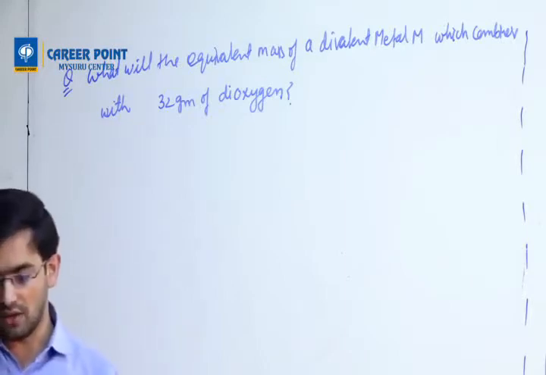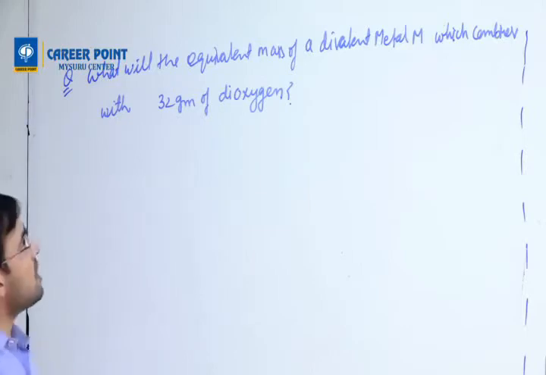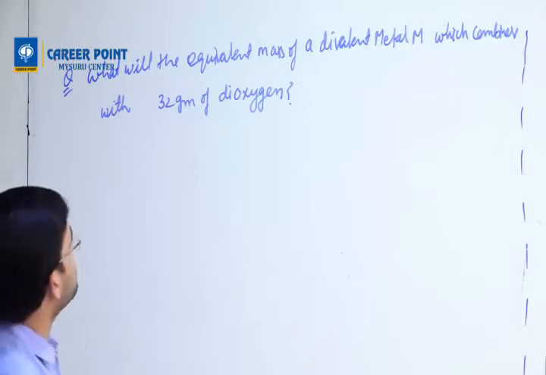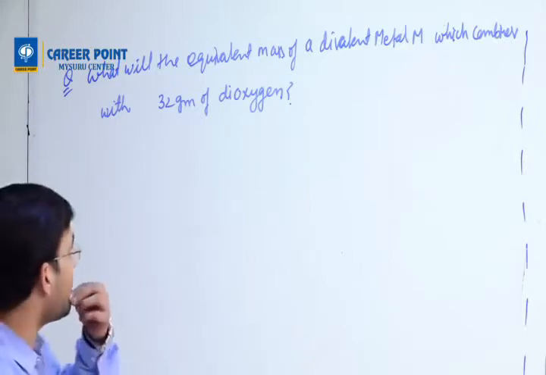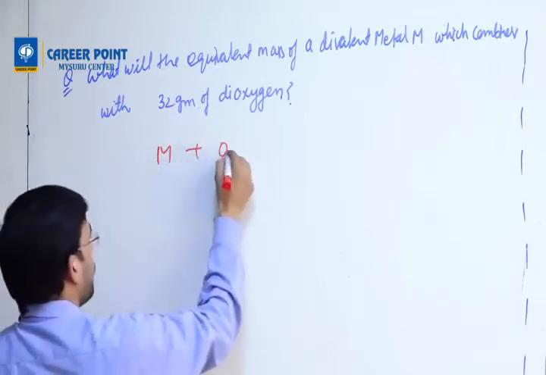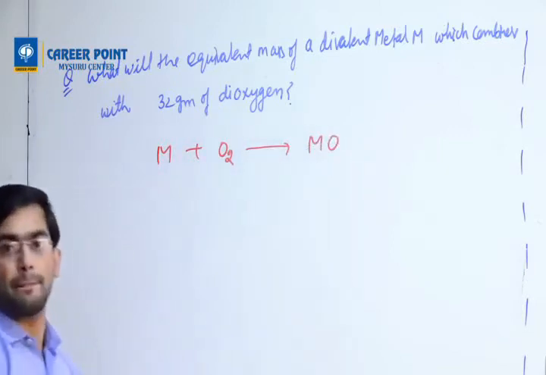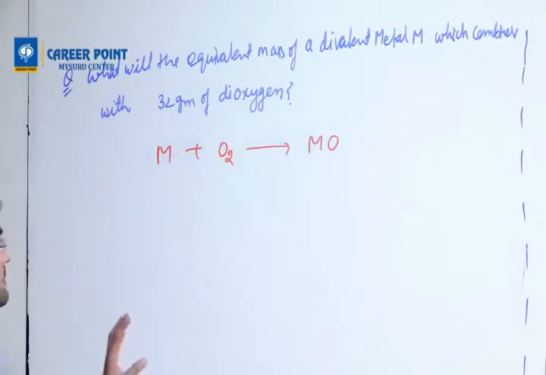Equivalent mass of a divalent metal M which combines with 32 gram of dioxygen? Okay, so divalent metal, I write M plus O2, it will form a divalent compound called MO. Understand?